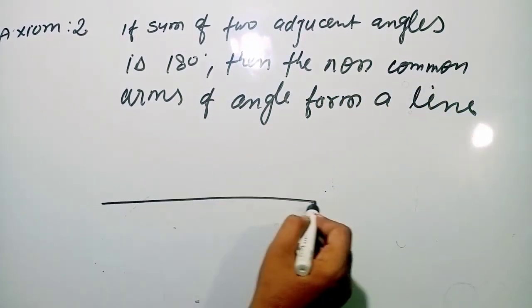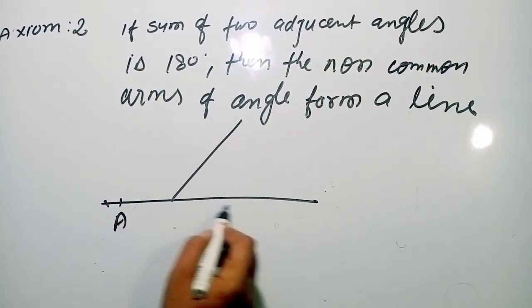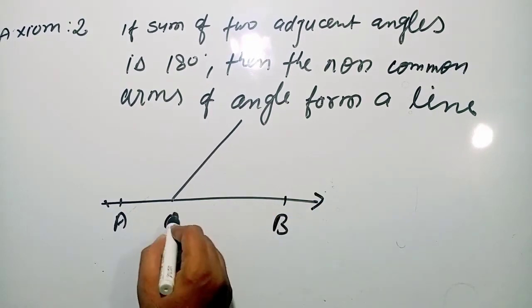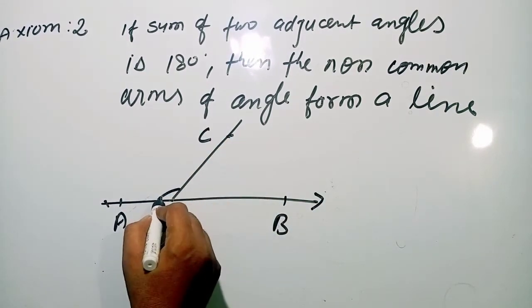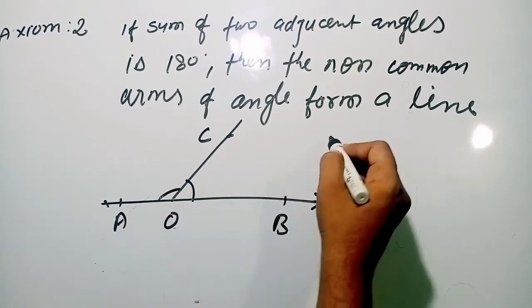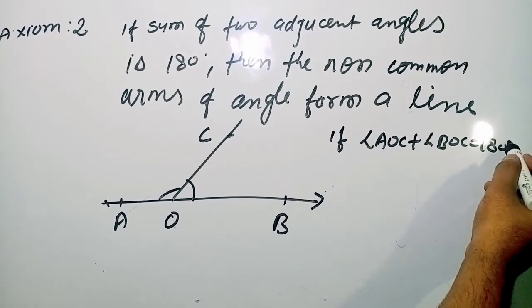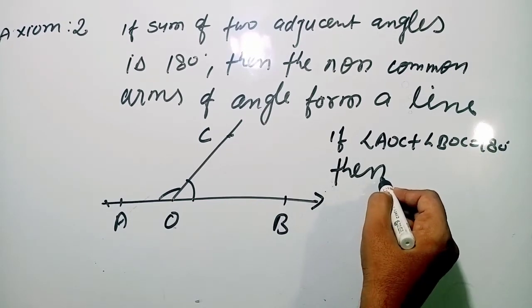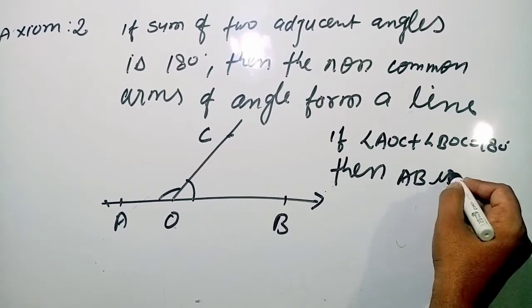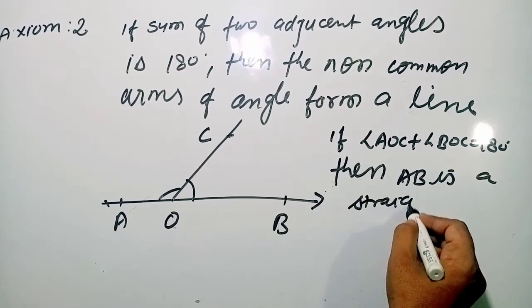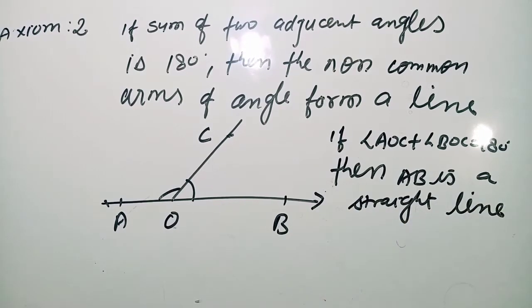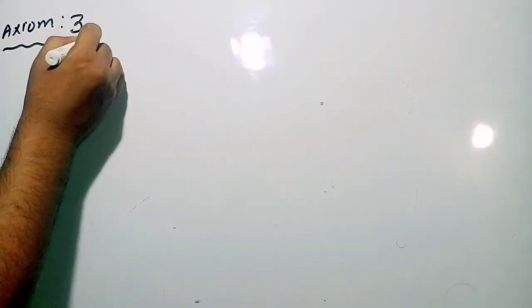Right, students? So this is just opposite to axiom 1. Here is straight line AB and ray OC standing on AB. If AOC plus BOC is 180 degrees, in that case we can say that AB is a straight line. Understood, students?